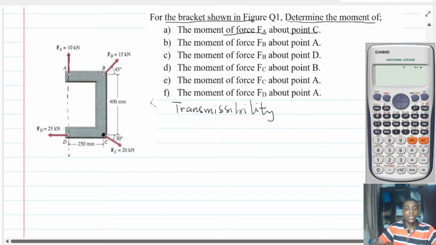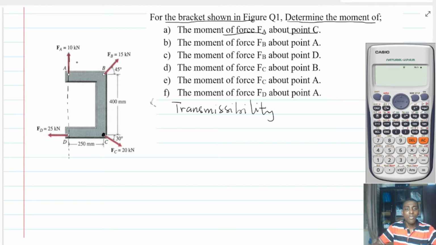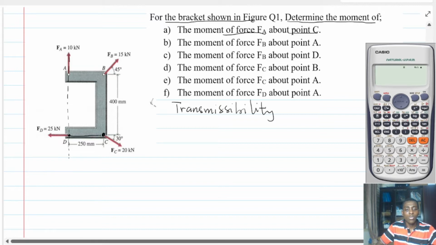If I want to find the moment of this force about point C, then I just need the perpendicular distance from this point to meet this line. In other words, what is the perpendicular distance which will meet this line? Technically speaking, this distance must be the 250. And about point C, this moment tends to create a clockwise moment.